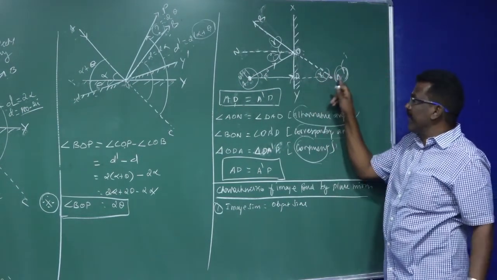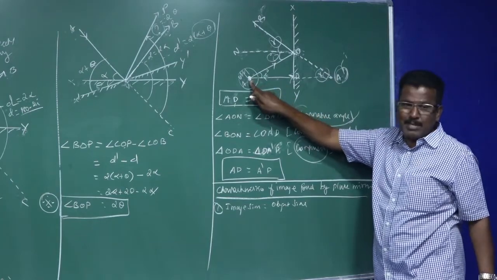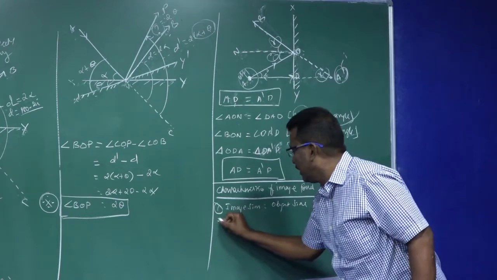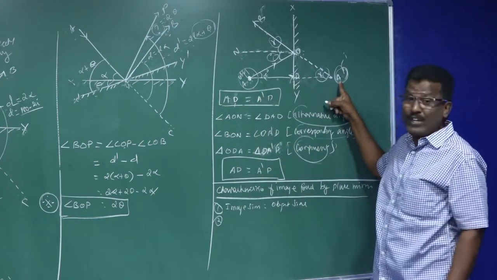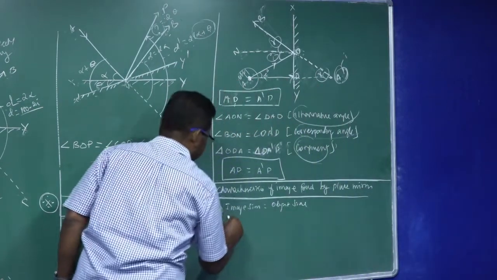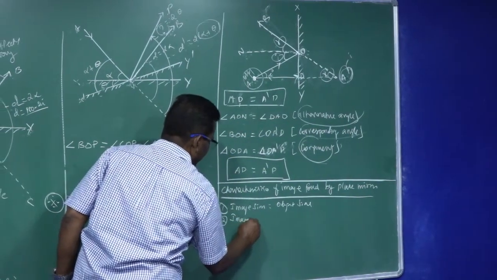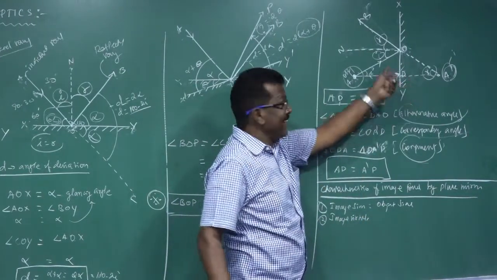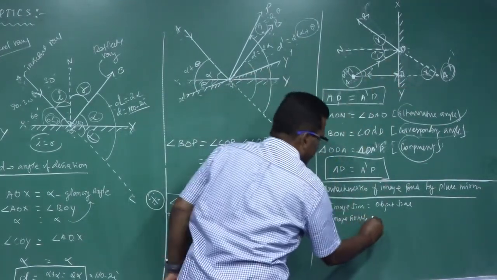And the second one is that the image is virtual. The image is virtual, erect, straight.